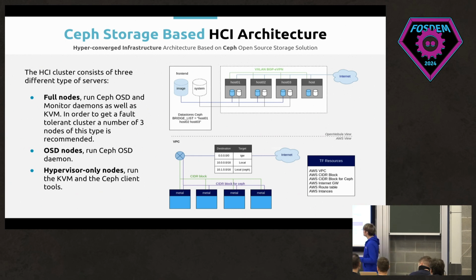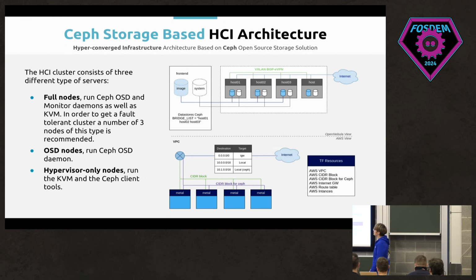Here we have an example of a side by side comparison from the point of view of the Ceph storage in AWS and in OpenNebula. For AWS, we need to configure first a VPC, then define the metal servers and all the routing tables and all the configuration that we need for our infrastructure.